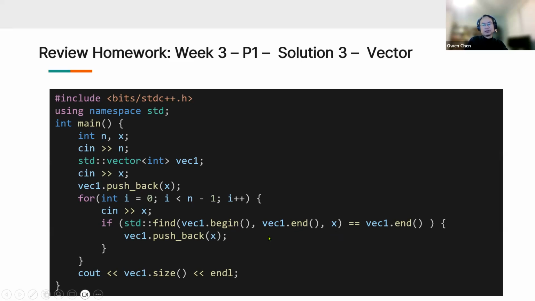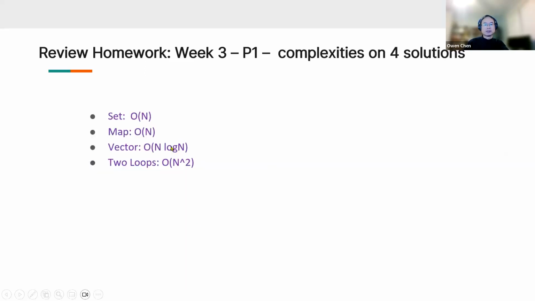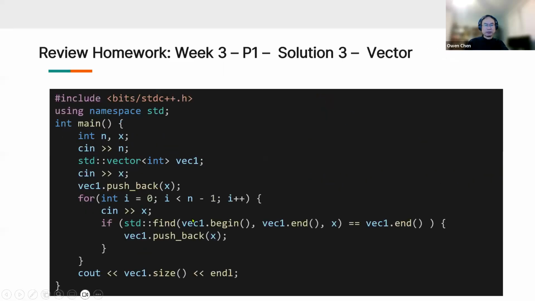We're going to learn those search algorithms. The efficient search algorithm is O(log n), so that's something you probably need to remember. So together it is O(n log n) for this vector solution, because we are doing a search inside and a loop outside.